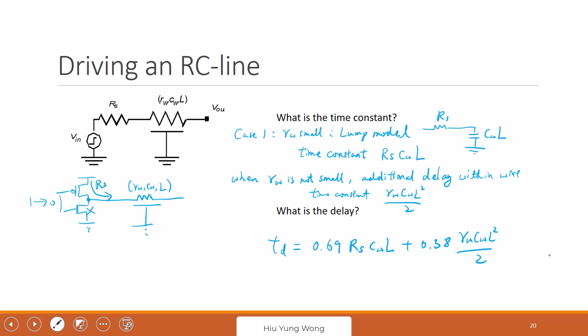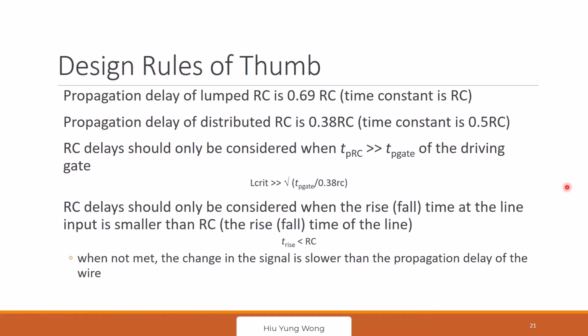If it is lump, it's RC divided by 2. Okay, if it is okay, let's move forward, right?